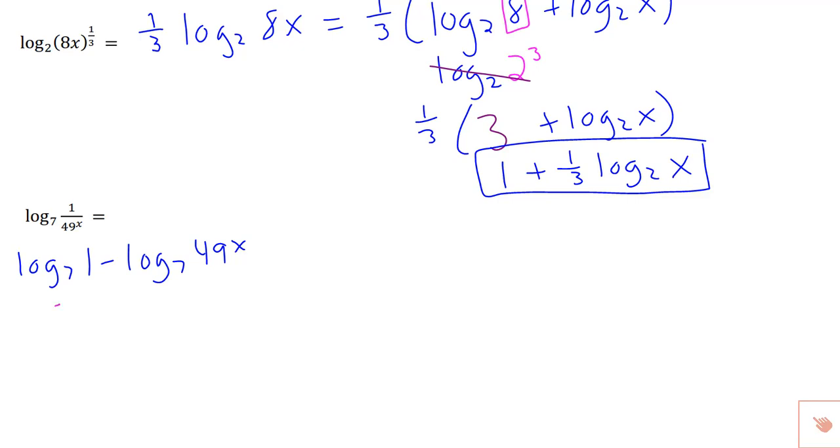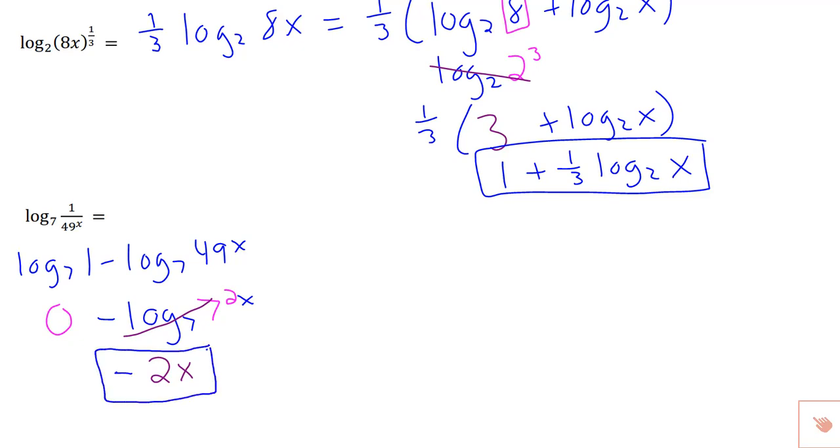So this is technically 0. We also have that rule up above that log of any base of that same base to a power, the log base situation cancels. 49 is the same thing as 7 squared. So we have log base 7 of 7. So the 2x drops down, and that minus does as well. And that's your answer.